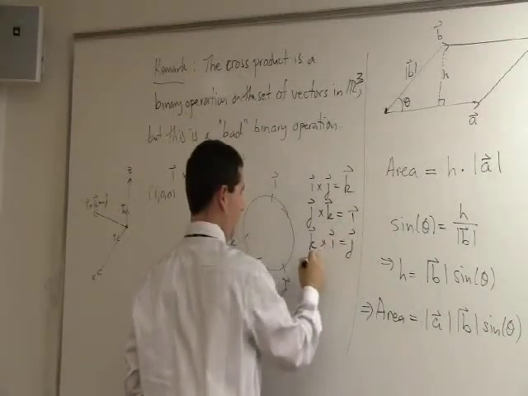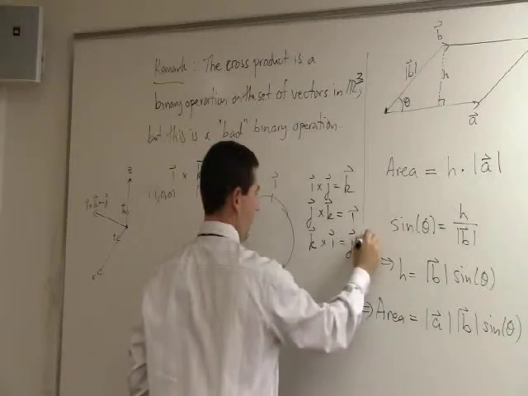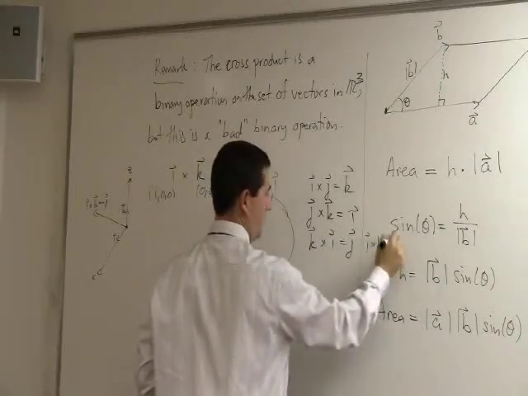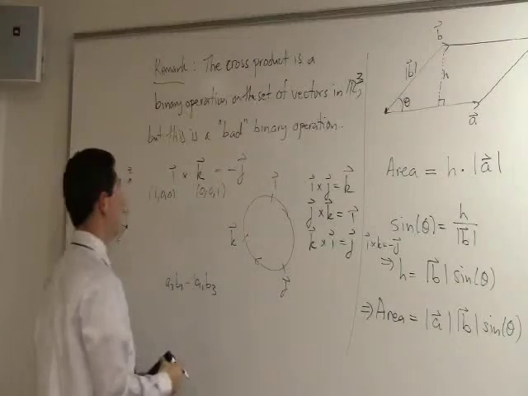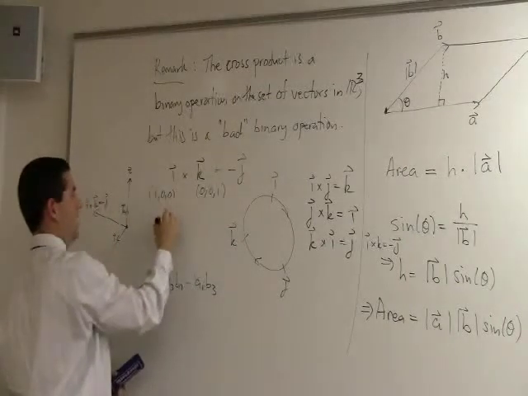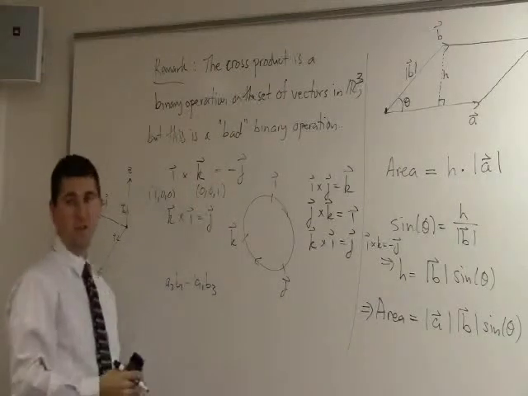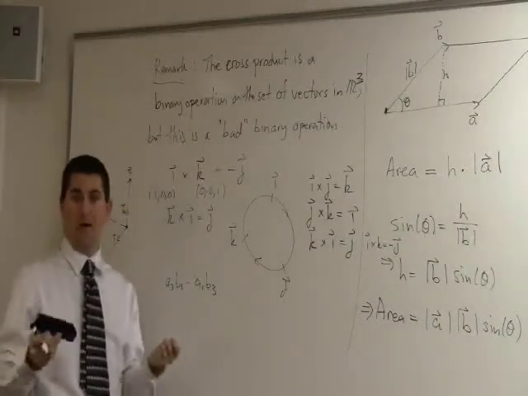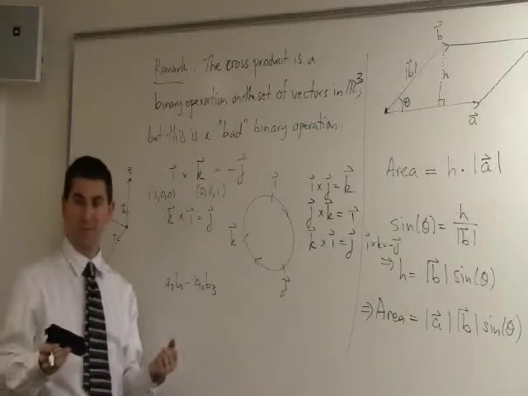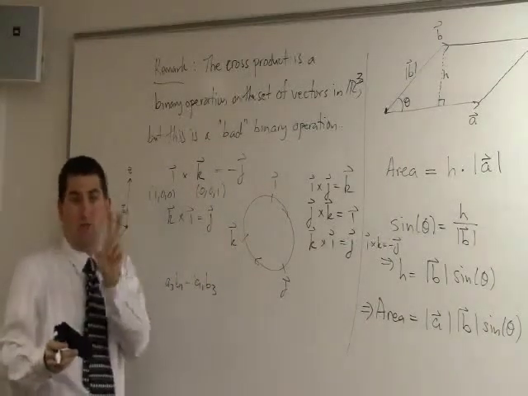All the rest of them are like that. So i cross k is minus j, but k cross i is j, which means that this is not a commutative binary operation. So you can't just switch the order.